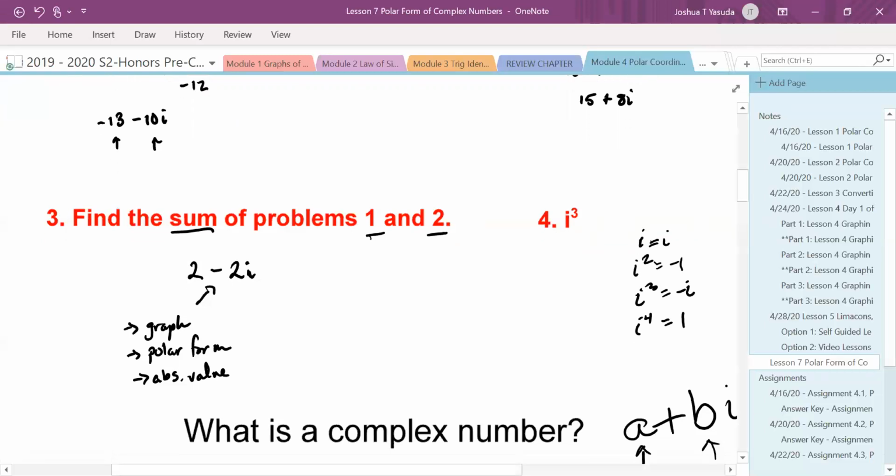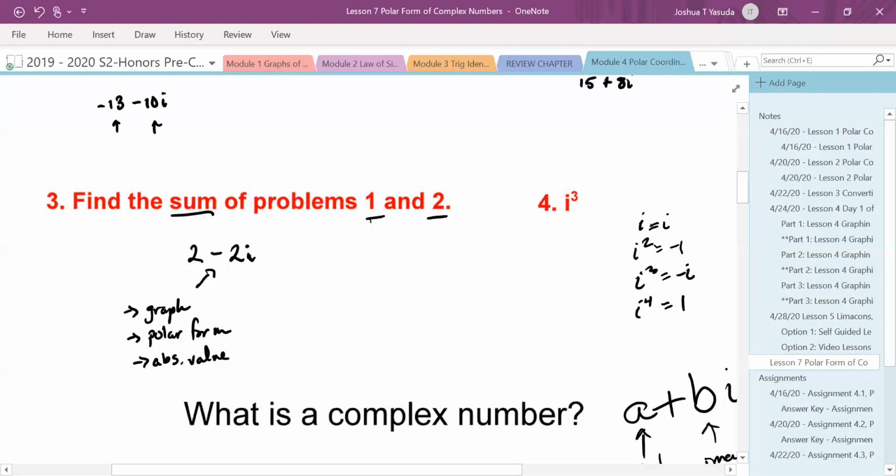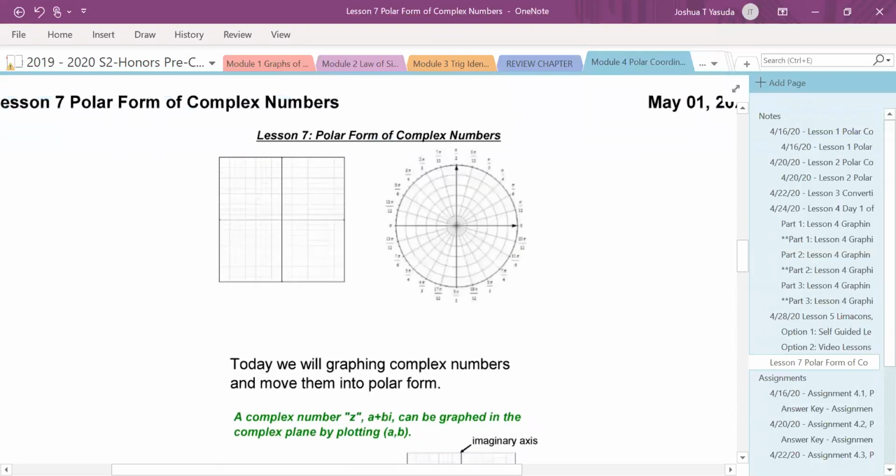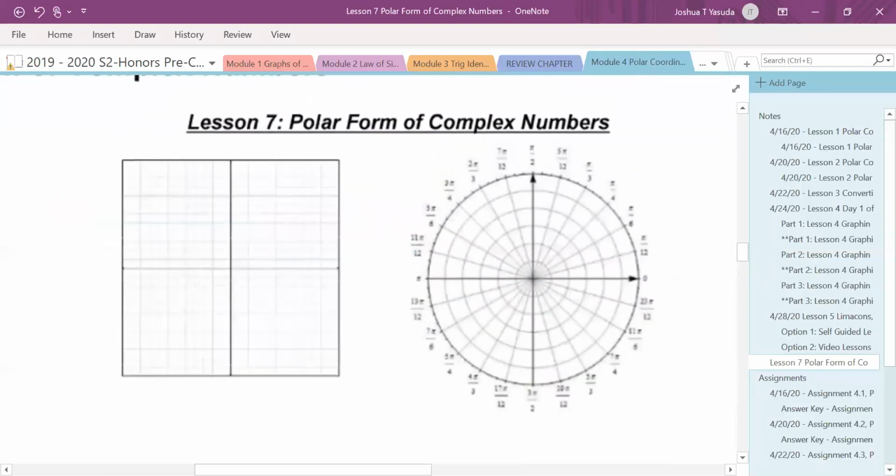All right, so anyway, the idea is complex numbers. Hopefully that makes sense and should not be too crazy for us to do. Okay, all right, so here we go. Polar form of complex numbers. So we should feel comfortable taking a point, x y, and moving it into a point, r comma theta.